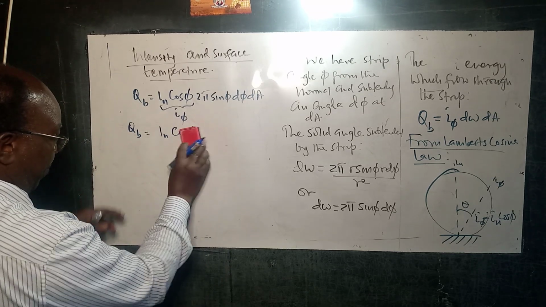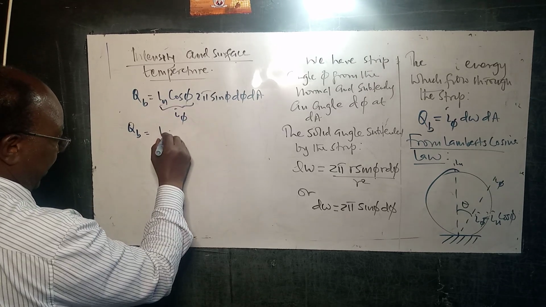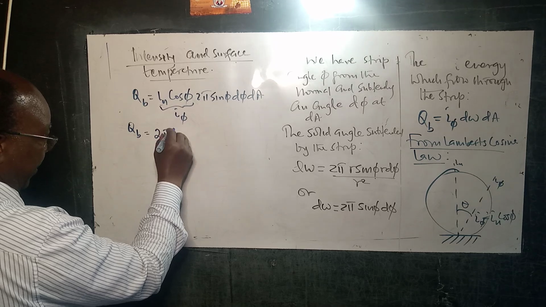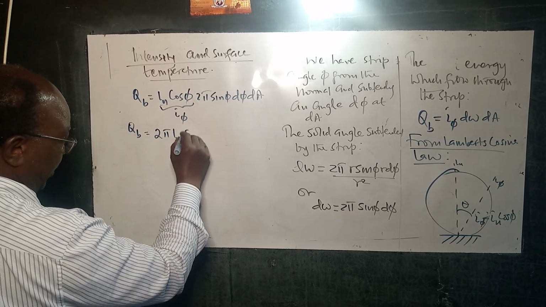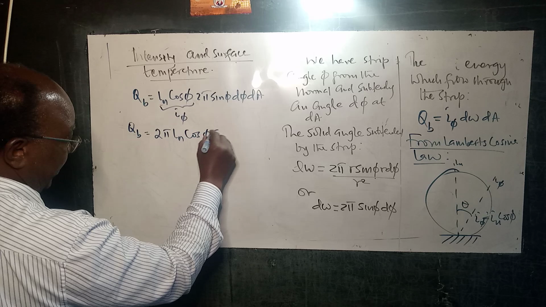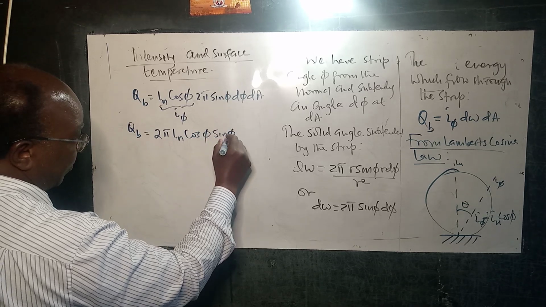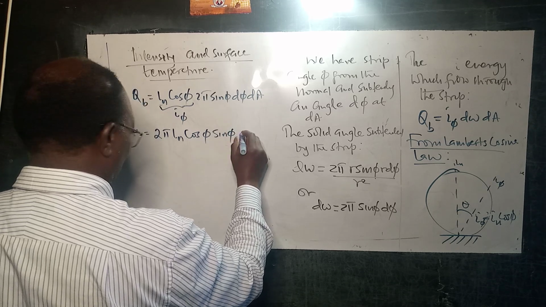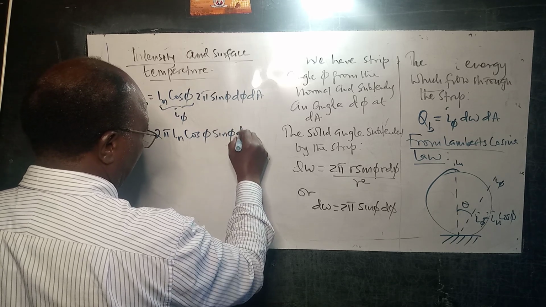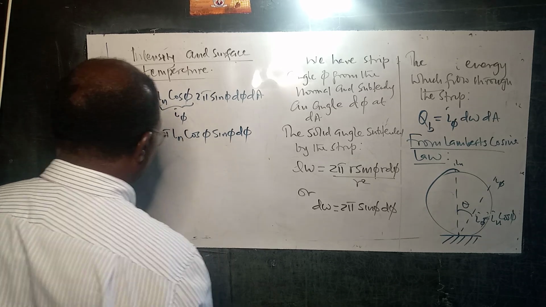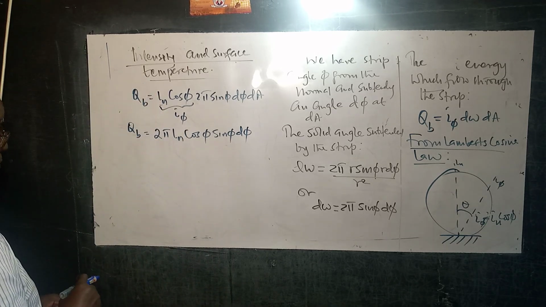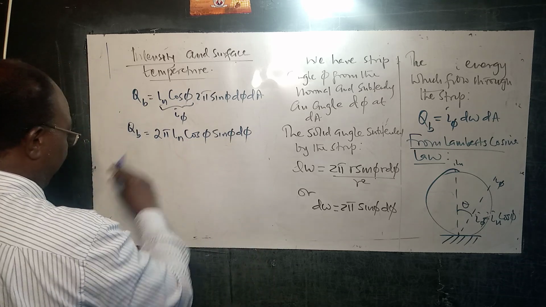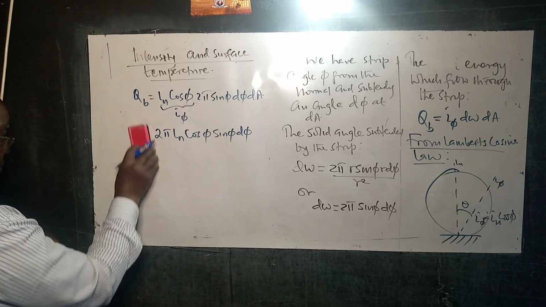Let me reorganize the thing properly: 2 pi In cosine phi sine phi d phi. I have dA there, so dA, you just get it there.